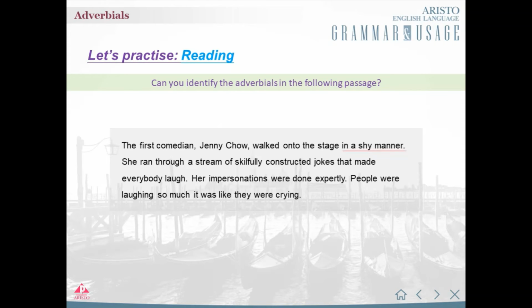The answers are in a shy manner, skillfully, expertly, and like they were crying. Did you get them right?